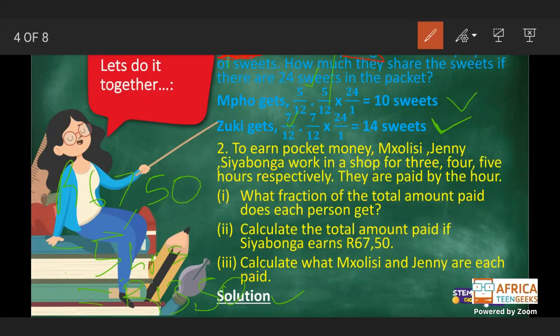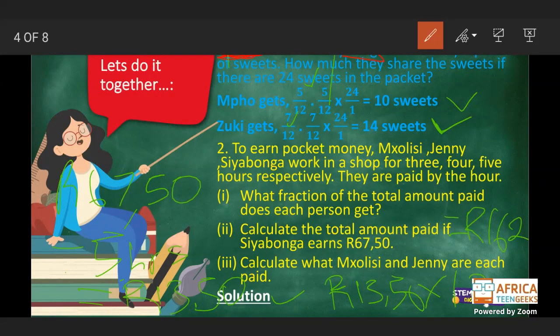So to get our total, we multiply 13 rand 50 an hour by the total hours, which is 12 hours, right? So our answer for number 2 will be 162. This is the total amount that is paid to everyone in general.